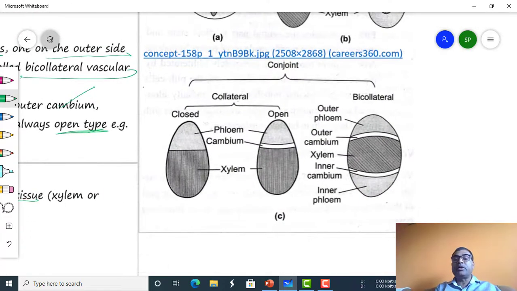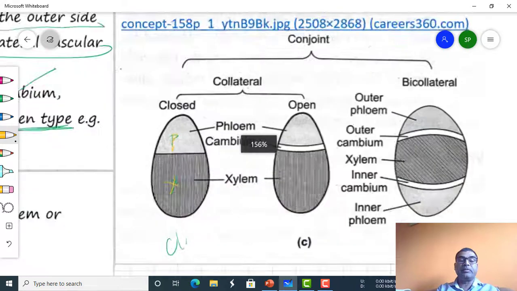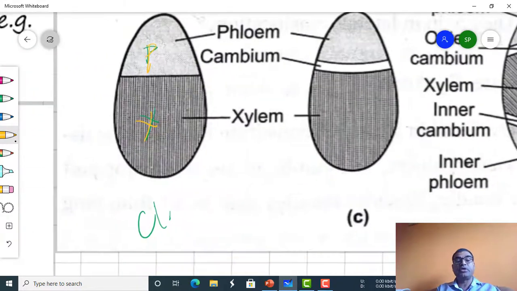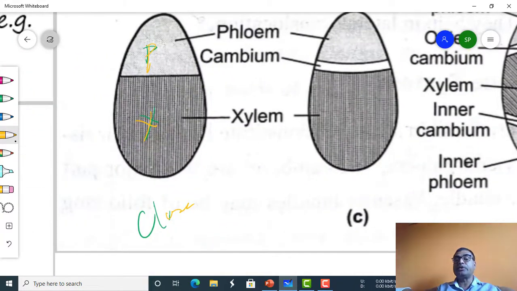Then these are the conjoint type of the bundle. This one is a closed type of the bundle, as this one is a phloem and this one is a xylem. In between phloem and xylem, cambium is absent, therefore this one is a closed type of the bundle, and this one is the open type of the bundle, as this region is present here, the cambium region.